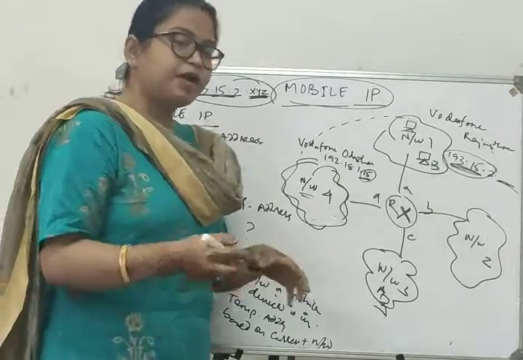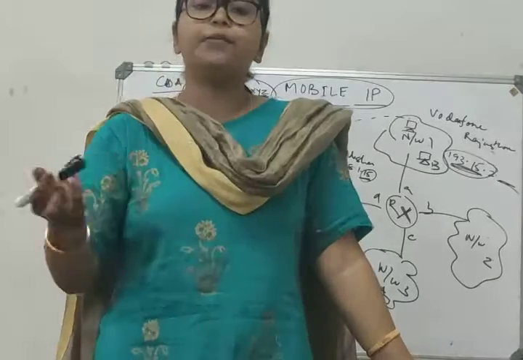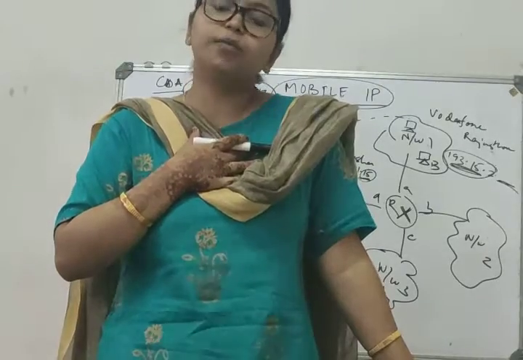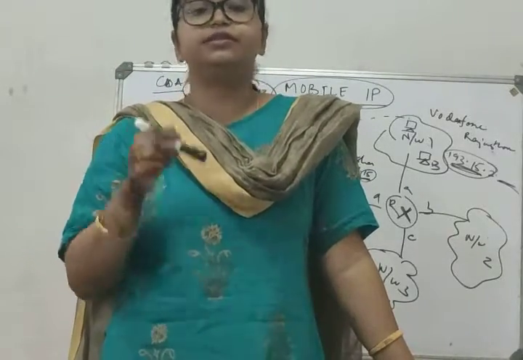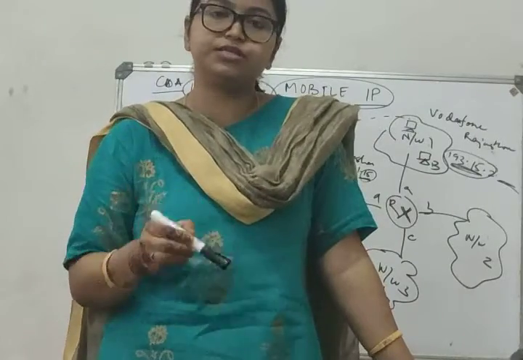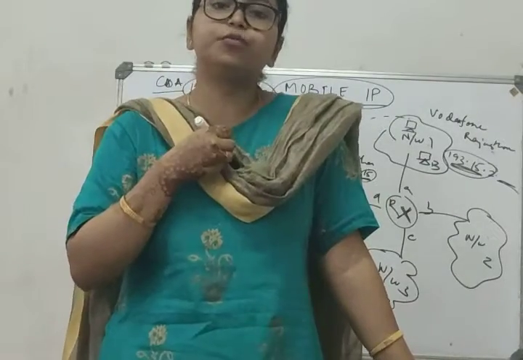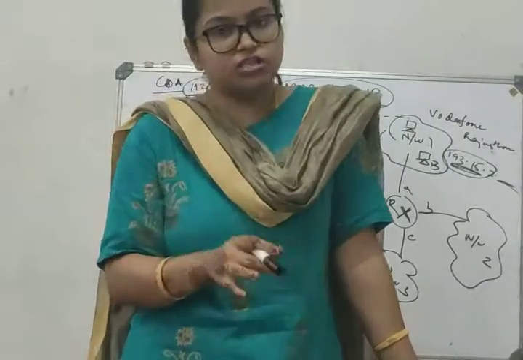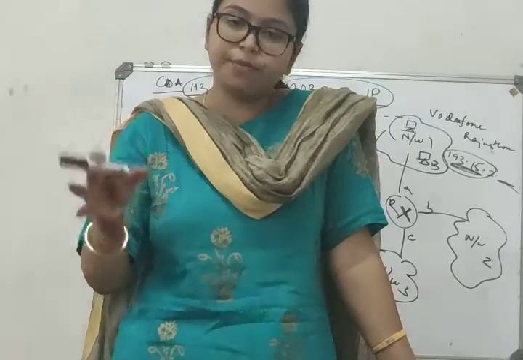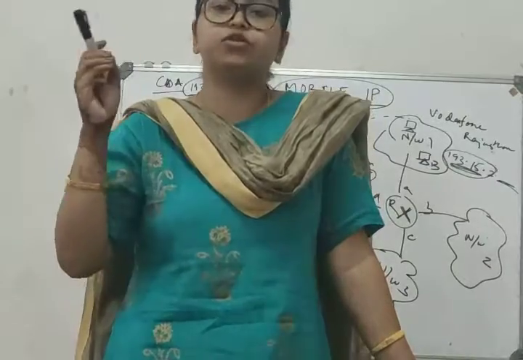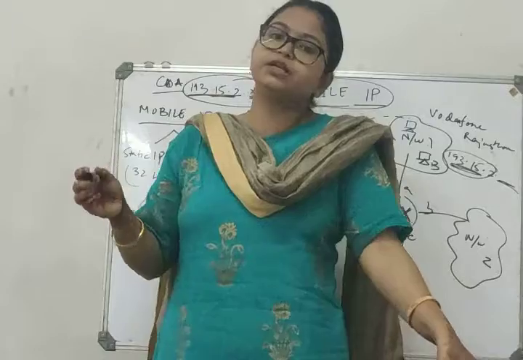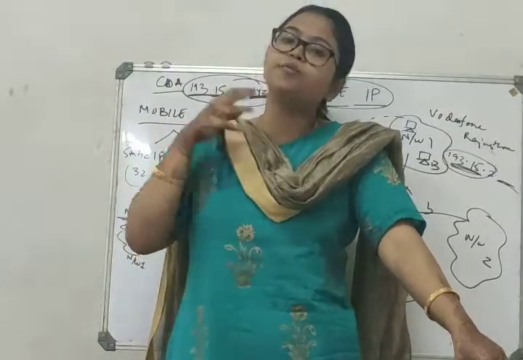So if I belong to Odisha, all the messages that I am meant to receive will come to the Odisha network only. It is the responsibility of Vodafone Odisha to give it to me no matter where I am. Whether I am in Rajasthan, Shimla, Haryana, Uttarakhand, or Jammu and Kashmir, it is the responsibility of Vodafone Odisha. That is my home network.